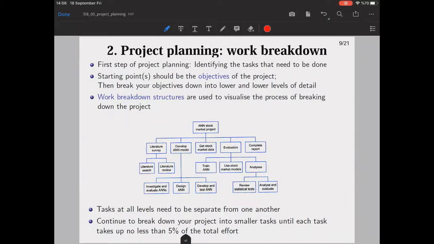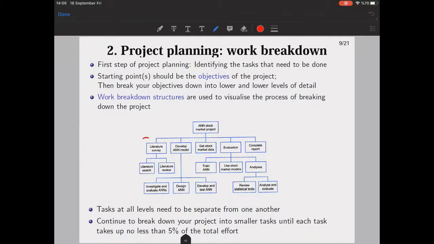The first step of project planning is work breakdown, identifying the tasks that need to be done one by one. The starting point should always be the objectives of the project, and then break your objectives into lower and lower levels of detail. As you see, this is your ultimate goal.